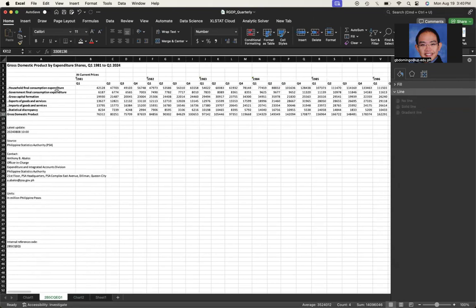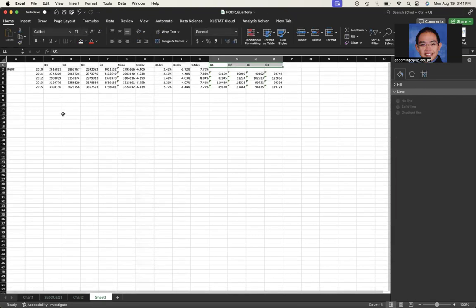This is gross domestic product expenditure shares, but this time quarterly. What we wanted to show here is the quarterly behavior of real GDP. So first, is it true, like in the United States, that GDP tends to rise throughout the year with a peak in the fourth quarter?